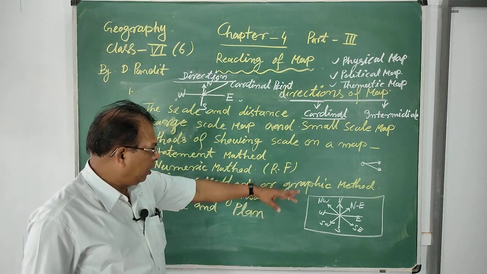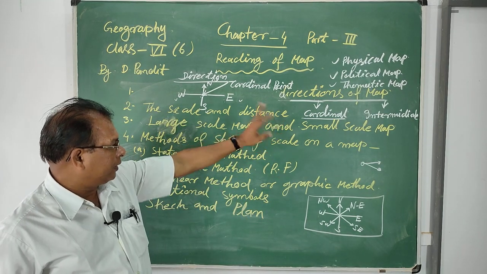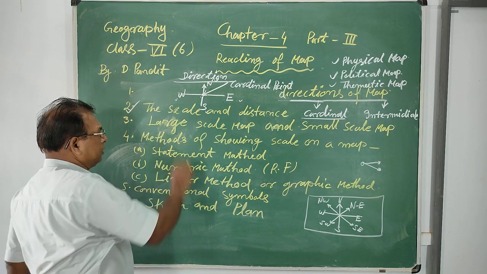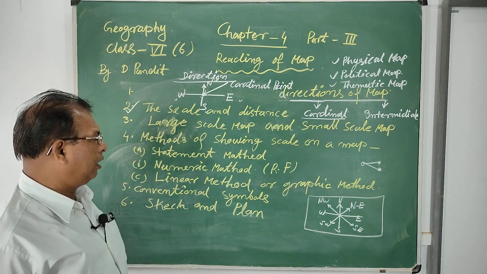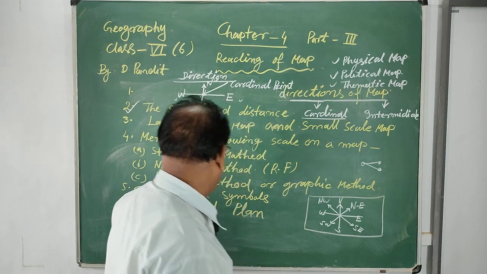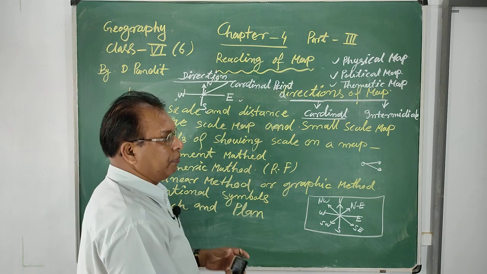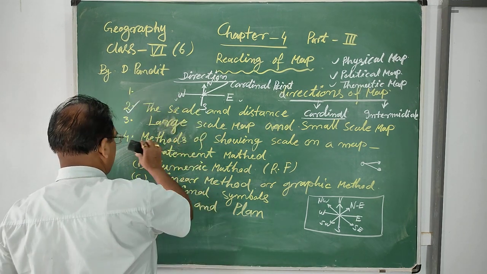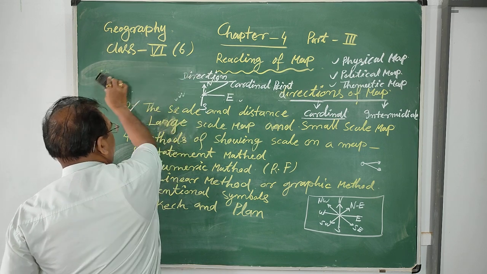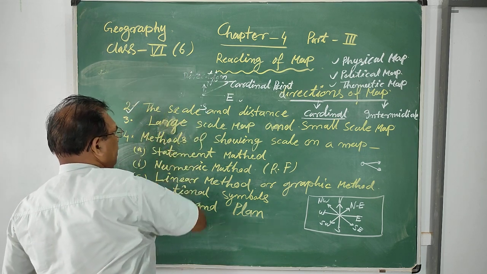So you have also learned about the directions. Now we will learn about the scale and the distance. What is the scale? I have discussed some points of the scale in the beginning class or the class before.